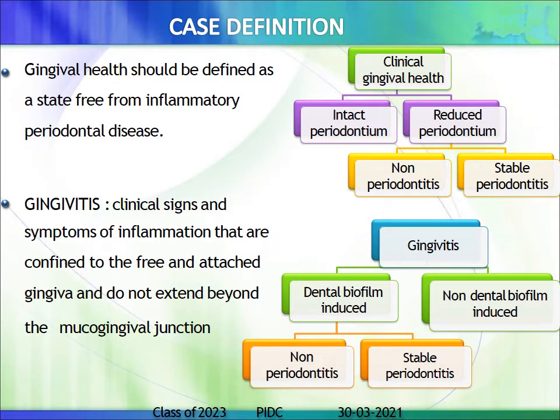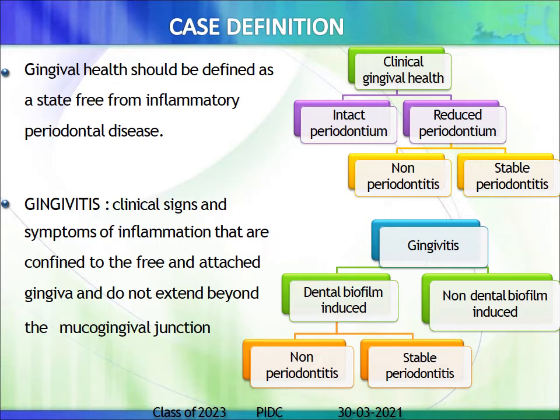So what is gingival health, or periodontal health? If a patient comes to you free from any inflammatory periodontal disease, you would categorize such a patient as gingivally healthy. In short, if you follow the flow chart given here, clinical gingival health occurring in an intact periodontium is diagnosed as gingival health or good periodontal health.